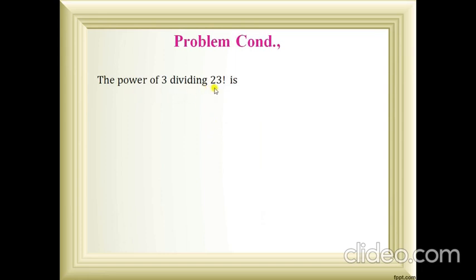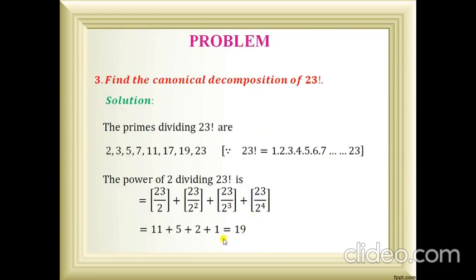Why am I stopping up to 2 to the power 4?